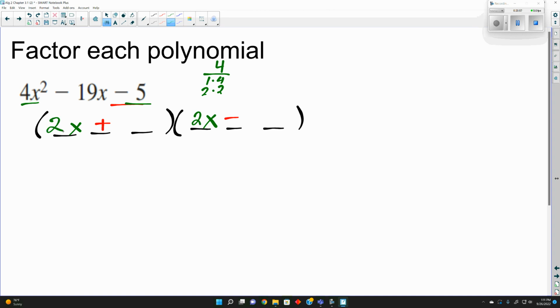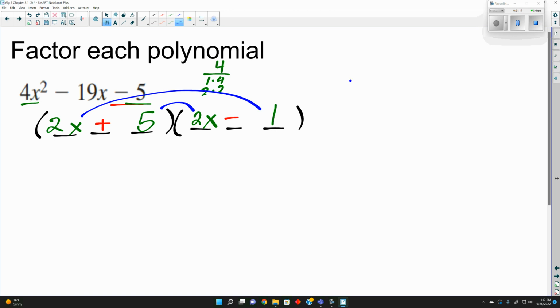Now we need to look at the factors of 5, which is 1 and 5. So we can do 5 and 1, and the last thing we can do is check. Well, 2x and 2x still give us 4x squared. 5 and 1 still give us 5.